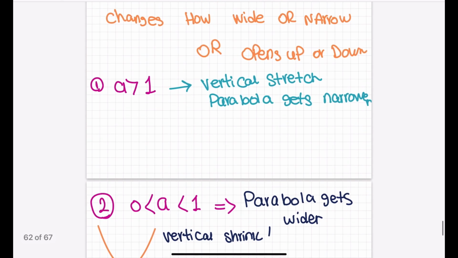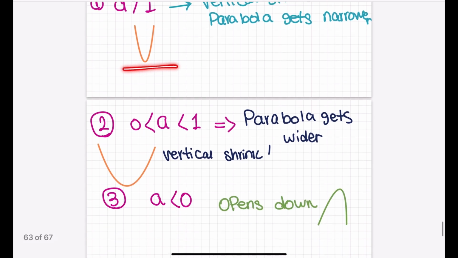And when it gets narrower, it's going to be like this. You see? This is narrower than this one. This is wider than that one. So these are the scenarios that you need to remember. You need to memorize, you need to understand it by heart.